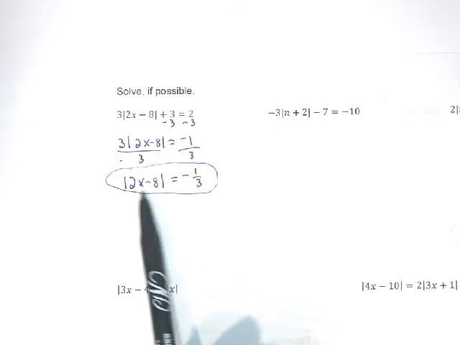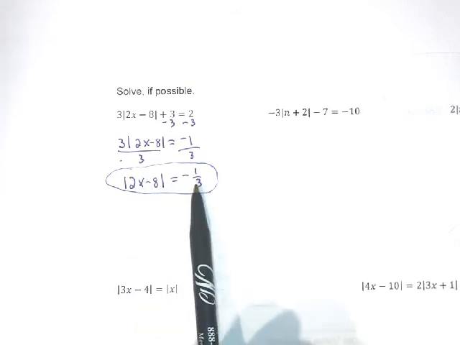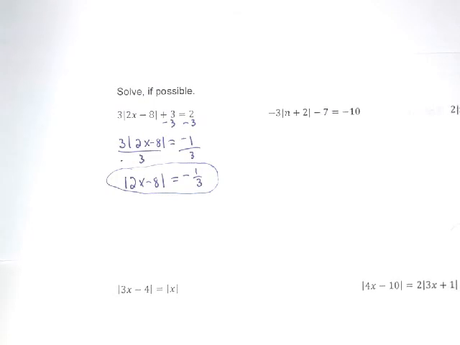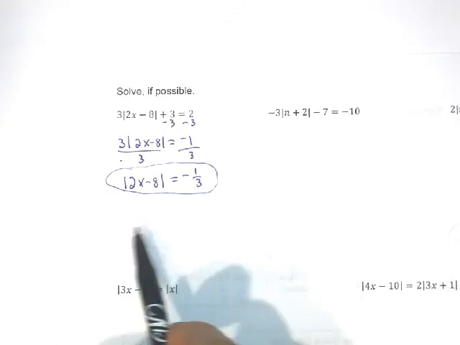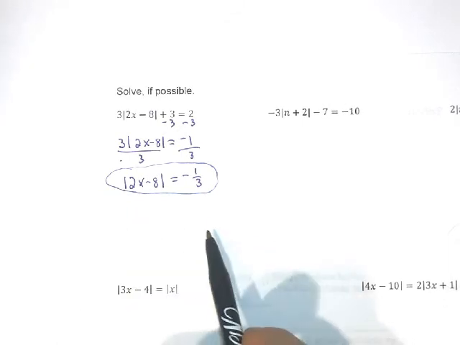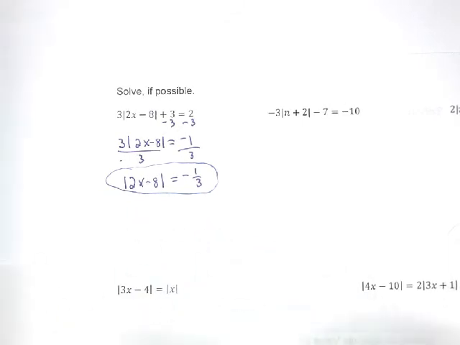Right now I'm saying this, which should be positive, equals a negative 1/3. That cannot happen. We could continue to break this down into the two ors, and we would get false information.